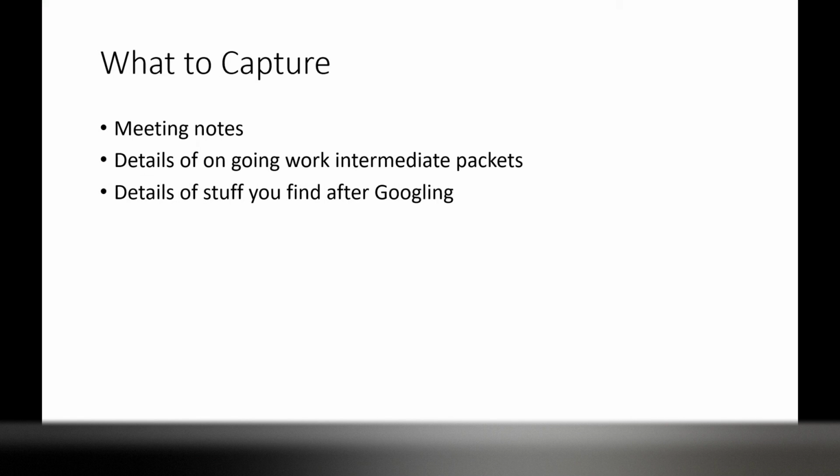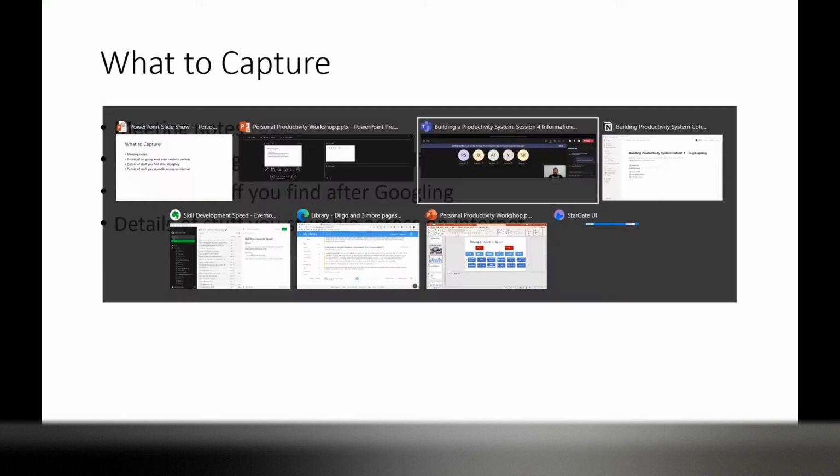Okay. So just examples of what to capture. Anything you come across on the internet or any meeting you attend, whatever happens, this whole thing can be captured. So let's say you had a meeting with your manager, the manager gave you feedback and you forgot. This used to happen to me quite a bit.